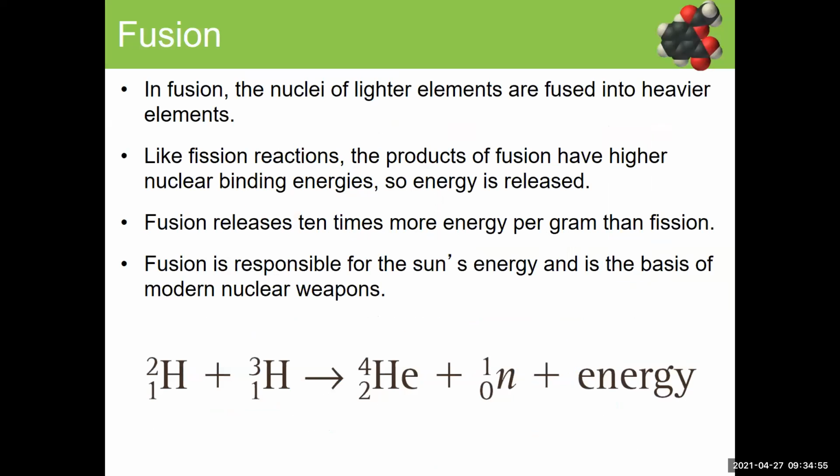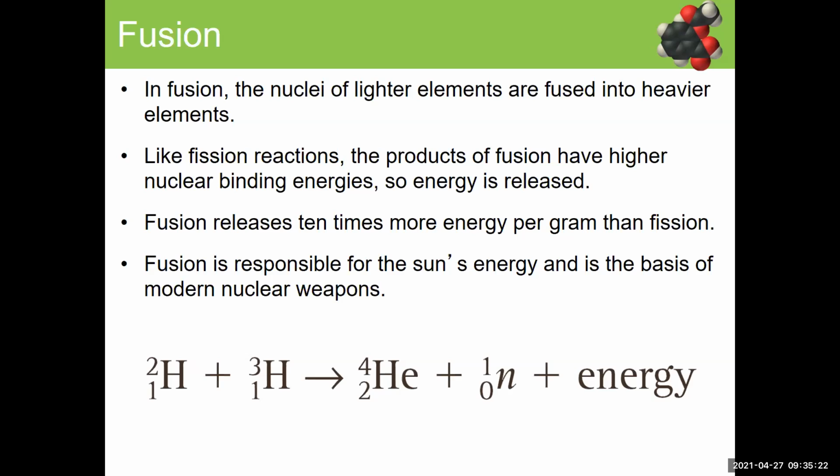In fusion, nuclei of lighter elements are fused together to create heavier elements. So it's kind of going the other way from what we've been talking about. Just like with the fission reactions, these fusion products have higher nuclear binding energies, so energy is released.